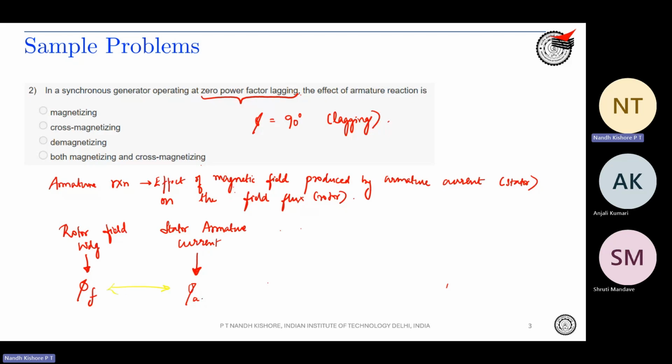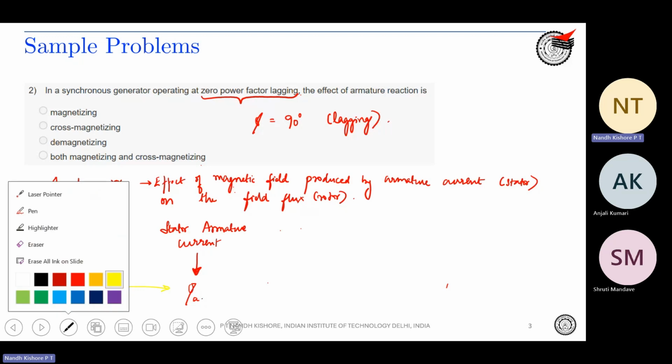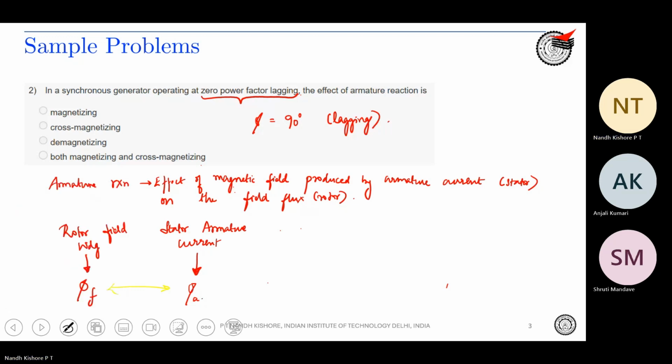Now based on the relation or the phase angle between phi F and phi A, you can have three possibilities. It can have three effects. One is cross magnetizing effect.